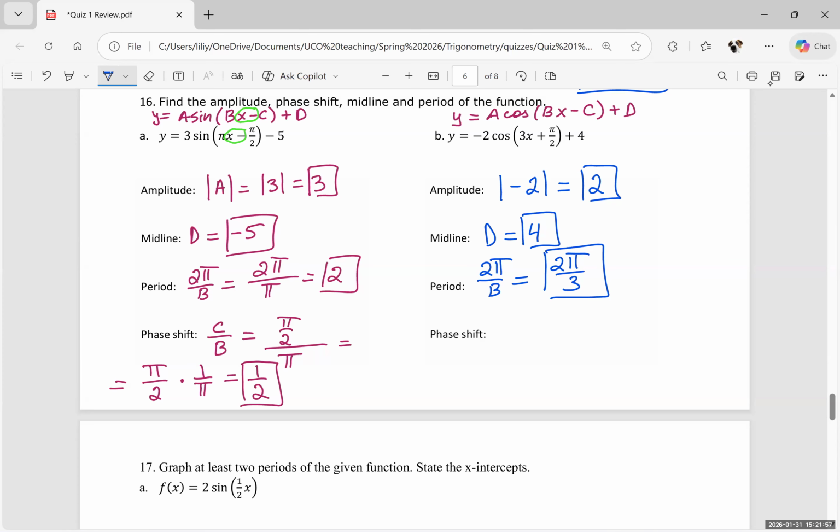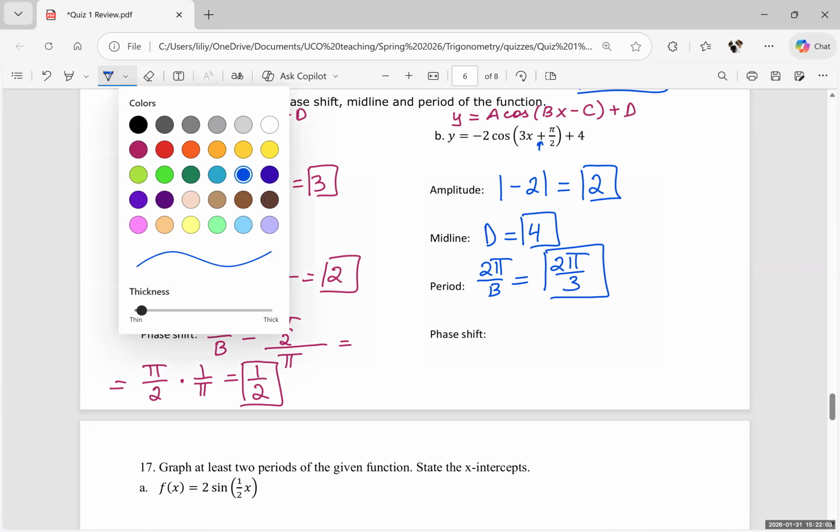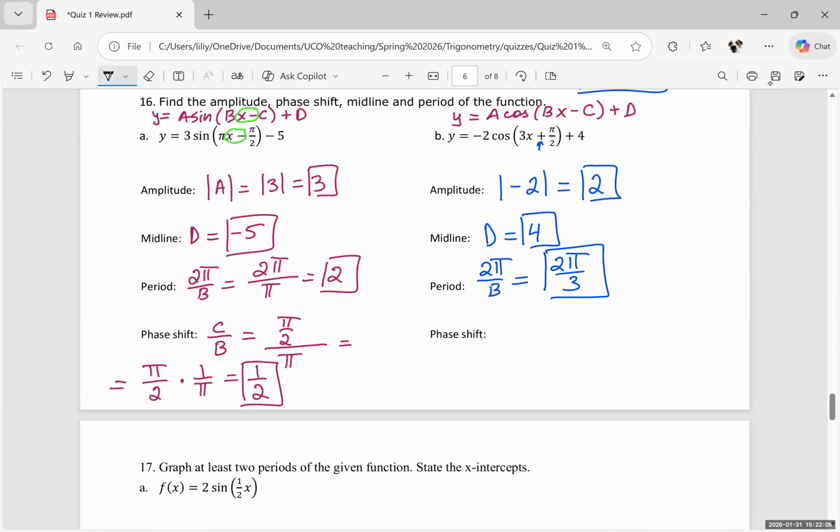Now phase shift. On the phase shift, we have a plus right here, but it is not really a plus. I'll rewrite it. -2 cosine 3x minus, and then negative pi over 2. And then +4. Okay, so really C is negative on this one.